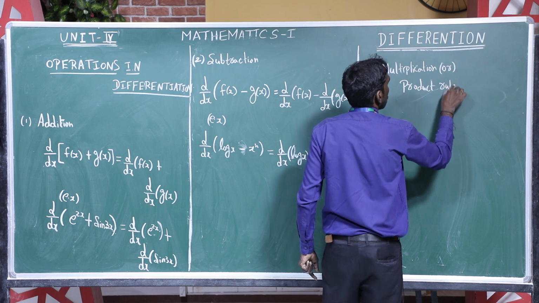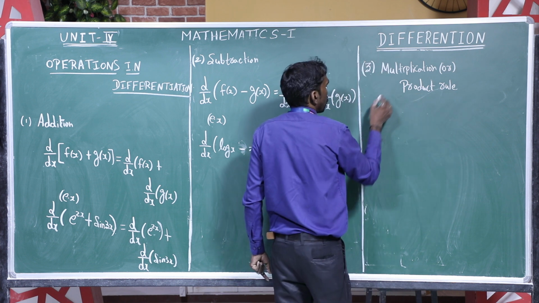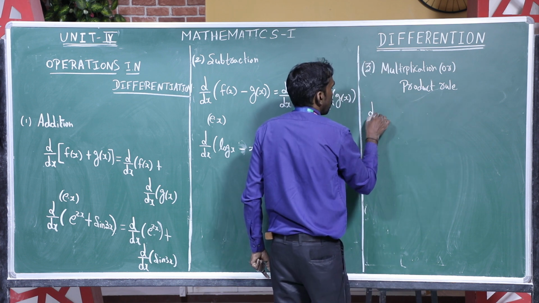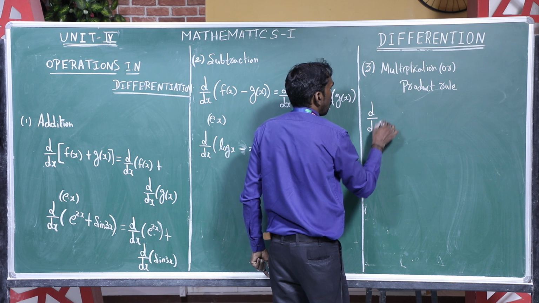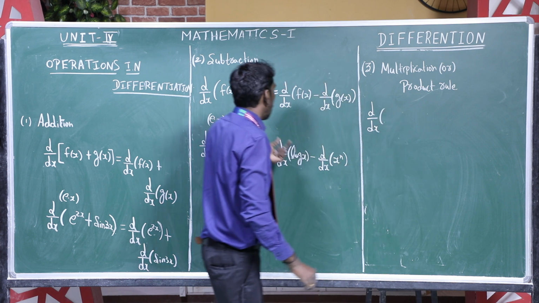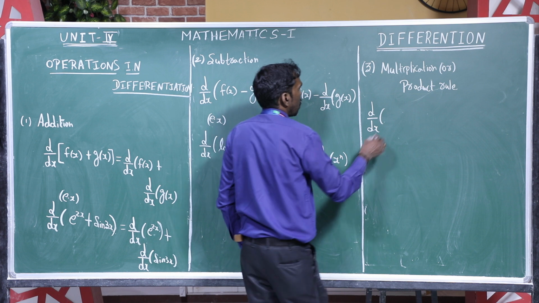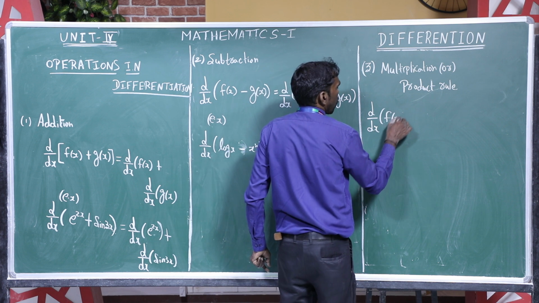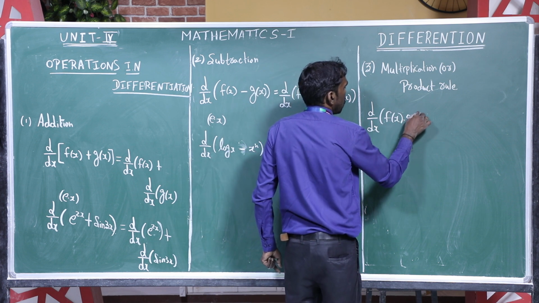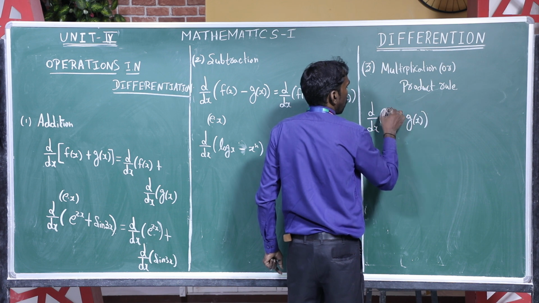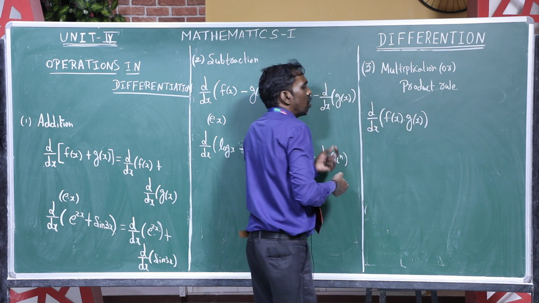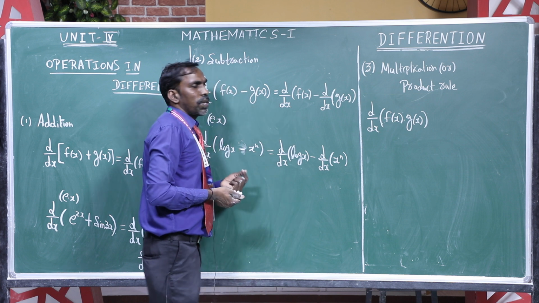So here d by dx of, similarly, f of x, g of x. Take f of x into g of x, or else take u and v. Your choice. You can take u into v, or else simply f of x into g of x.